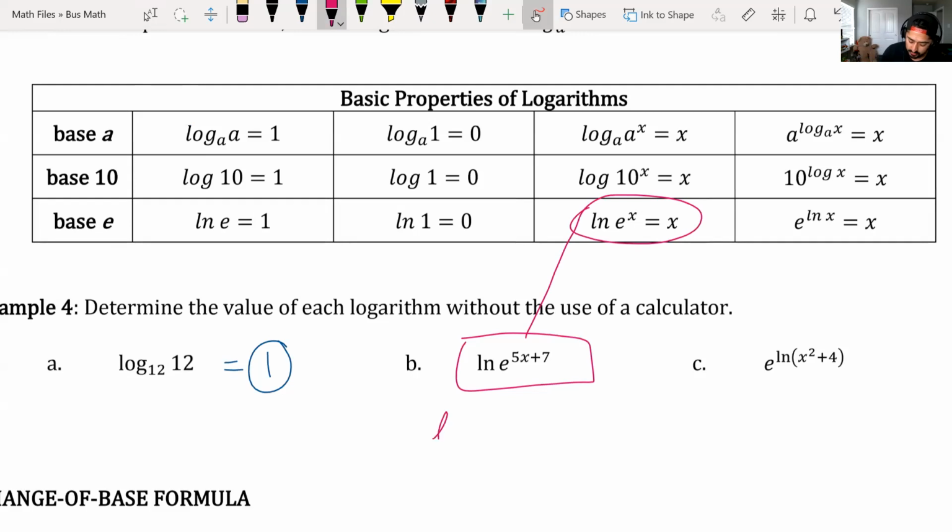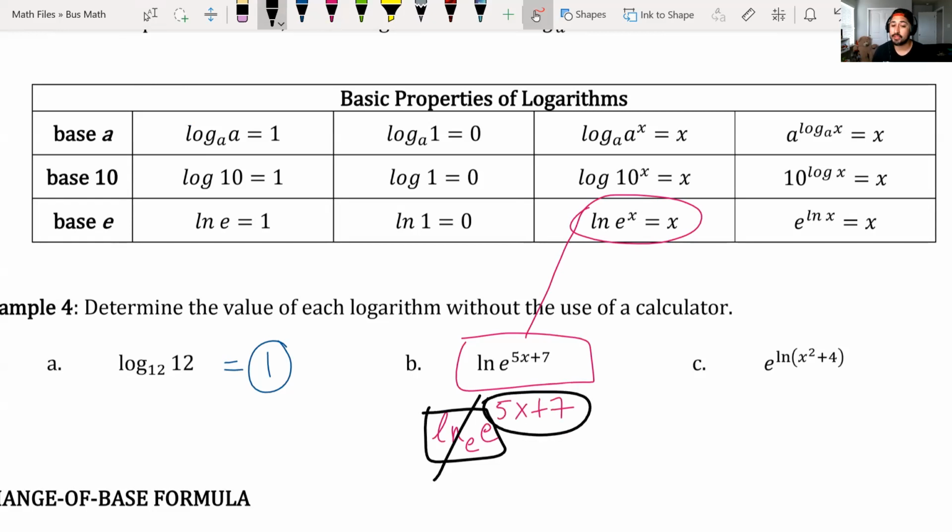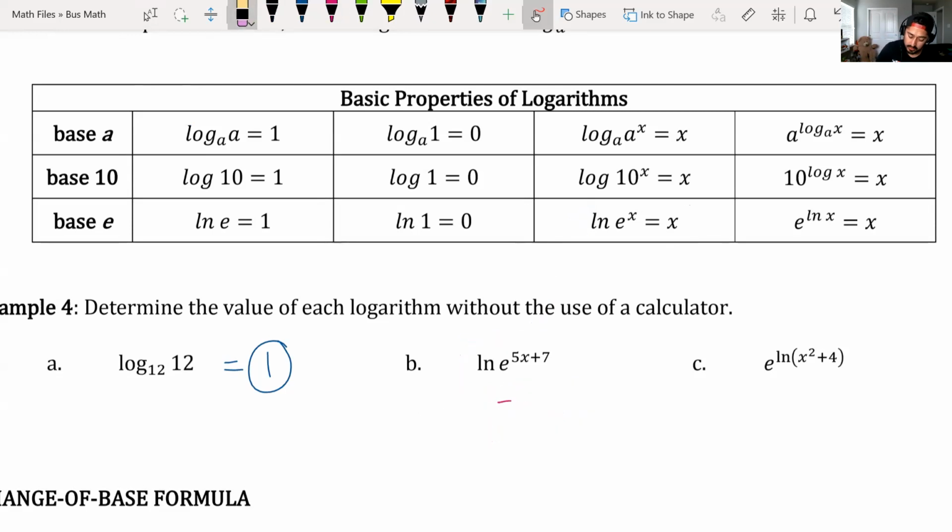This becomes natural log, log base e, of e to the 5x plus 7, which means that this part cancels, and all we are left with is this exponent of 5x plus 7. So, using that property above, this just becomes 5x plus 7. That's it.